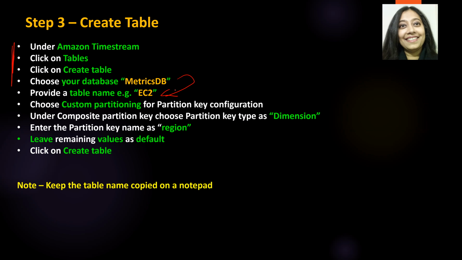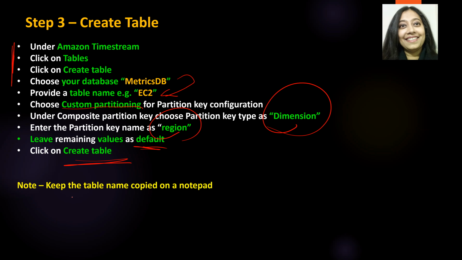Now, again, you can give whatever name that you like. For this particular table, we will be using custom partitioning, and under custom partitioning, we will be using the key type as dimension and the key name as region. We'll leave the remaining values as default, and finally go ahead and create our table.